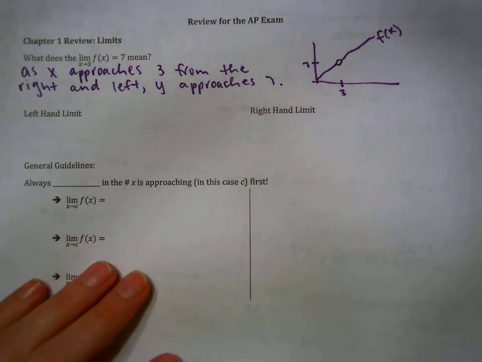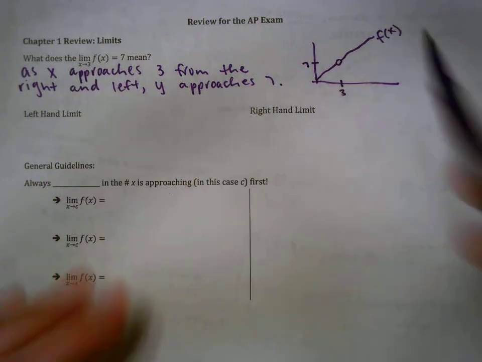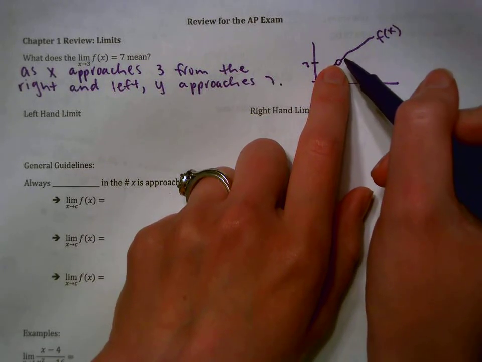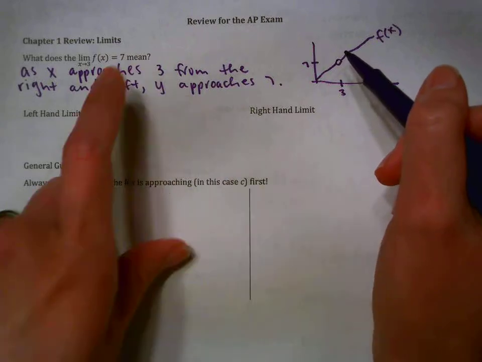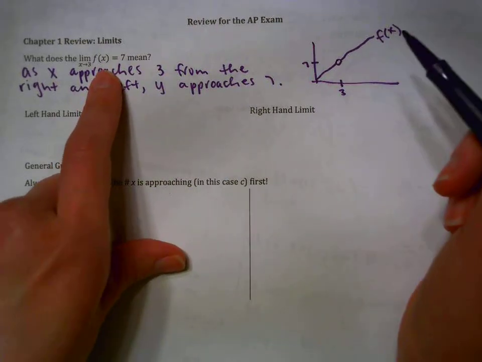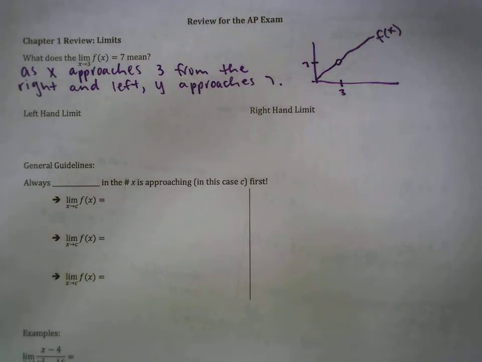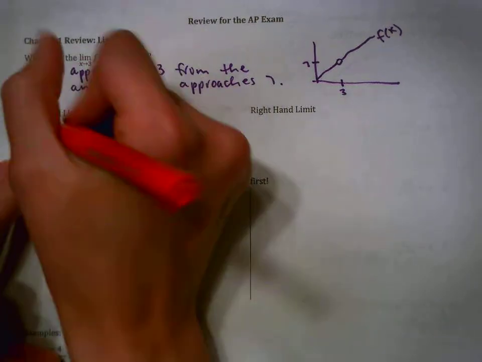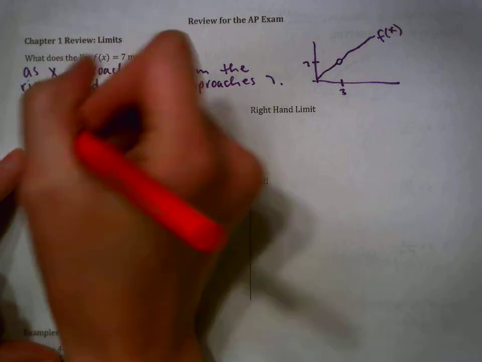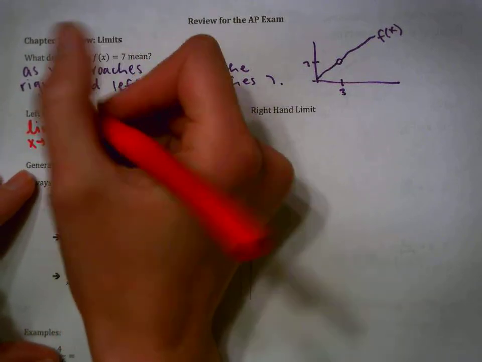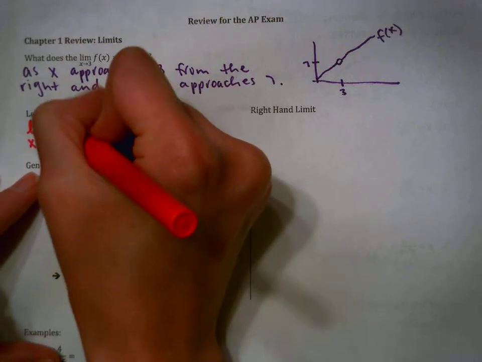Right? And so for the limit to exist, you have to approach the same y value from the right and the left. So what does that mean is it can't be a jump. Right? A limit can exist at a hole, but it can't exist at a jump. So a left-hand limit, y'all remember the notation, is as x approaches 3, and if you want to say from the left, you put a little negative of f of x.